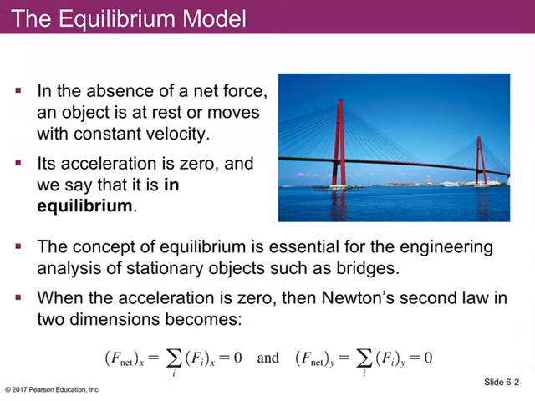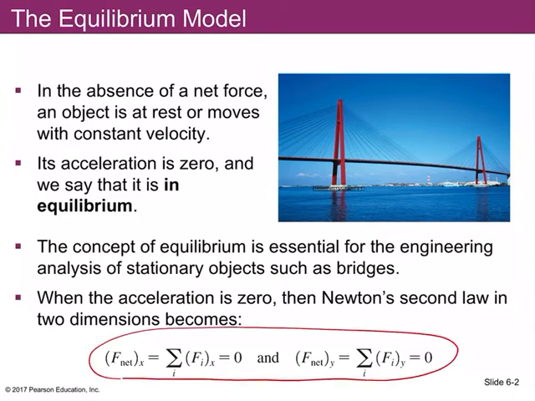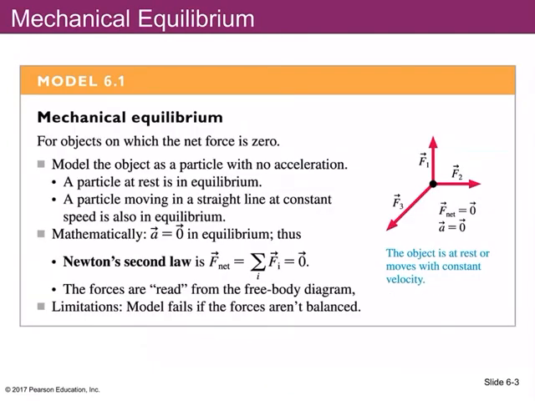That means that its acceleration is 0. Down here at the bottom, the sum of forces in the x direction is equal to 0 and the sum of forces in the y direction is equal to 0. So we have to remember now in 2 dimensions that we might have both x and y values.